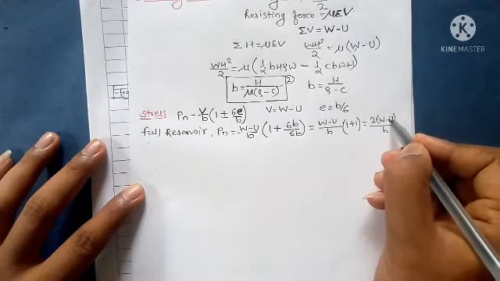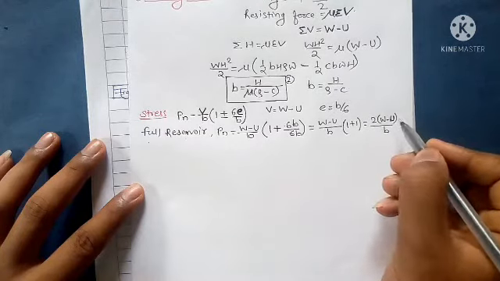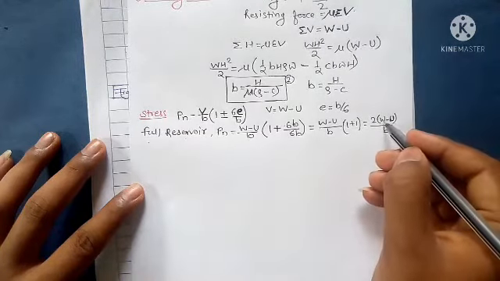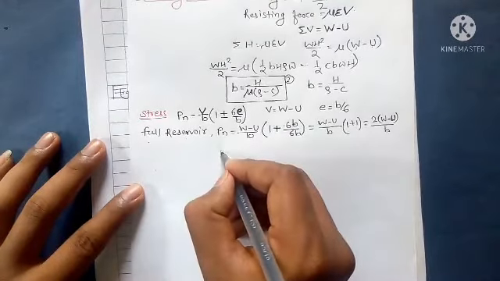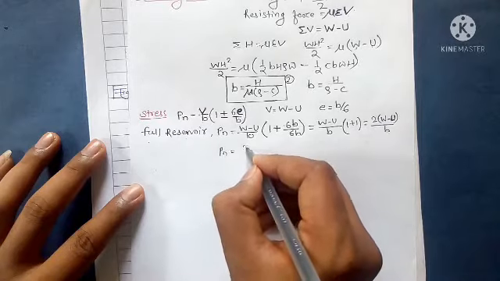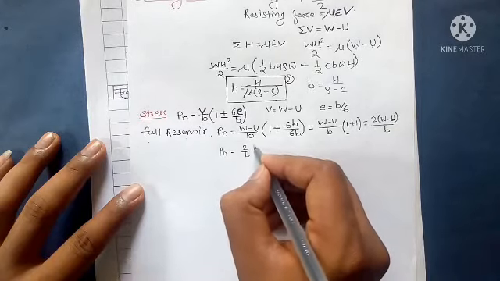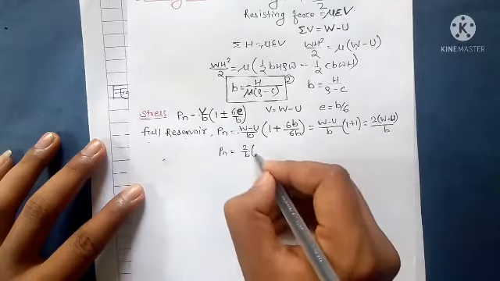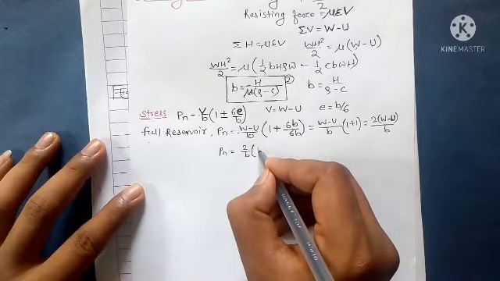So we put here the value of W and U. Pn is equal to 2 upon B into (W minus U).